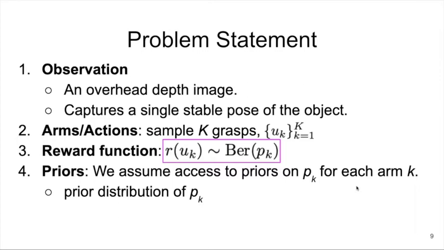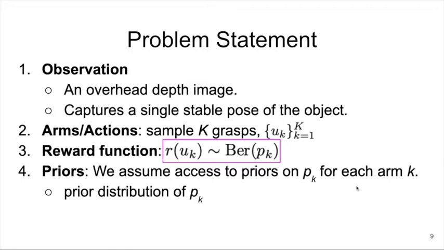Here, we discuss the problem statement. The observation is an overhead depth image of the object before policy learning has begun. The image captures a single stable pose of the object. Secondly, we define a set of K arms, each with a corresponding grasp action u_k.